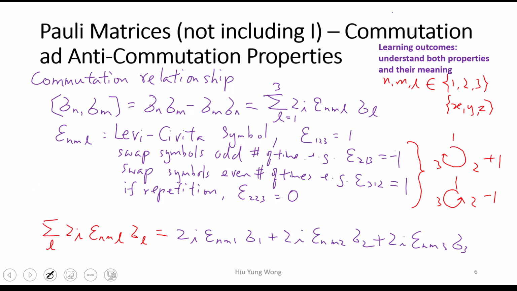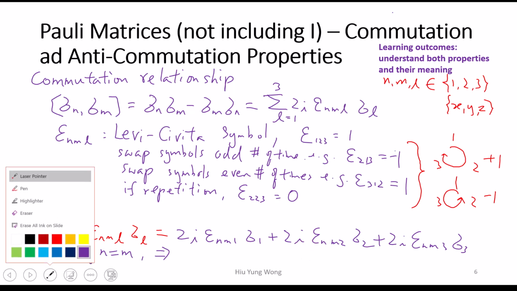Right? So if n equal to m, what is the result? Can someone tell me based on what we just learned? If n equal to m, 0, all of them are 0. Because n equal to m, we say if there's repetition, then all these terms are 0. Make sense? Okay, good.